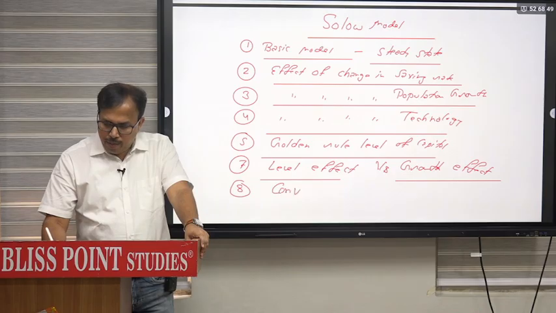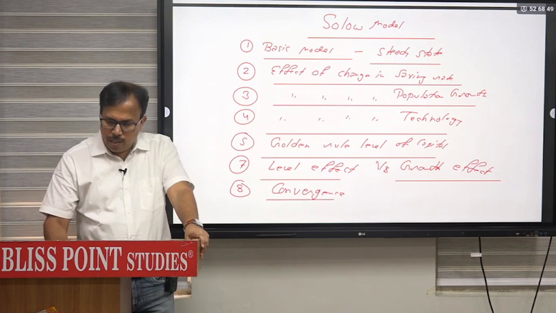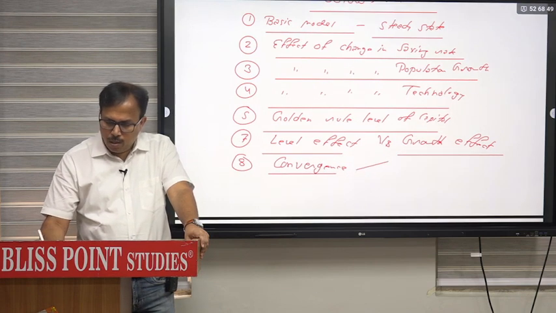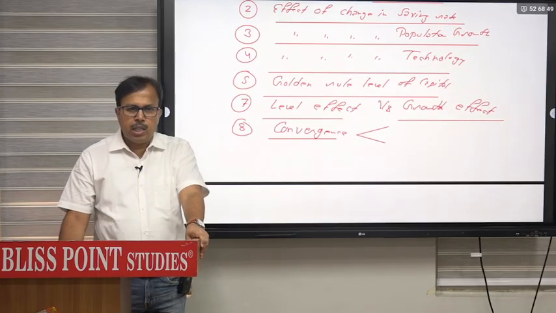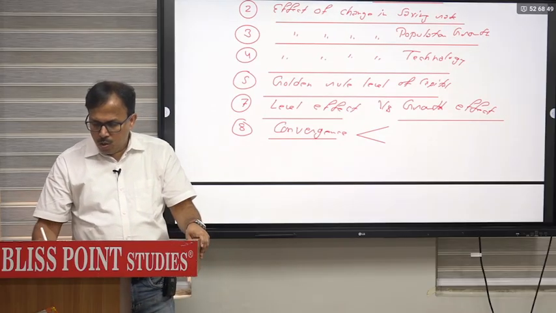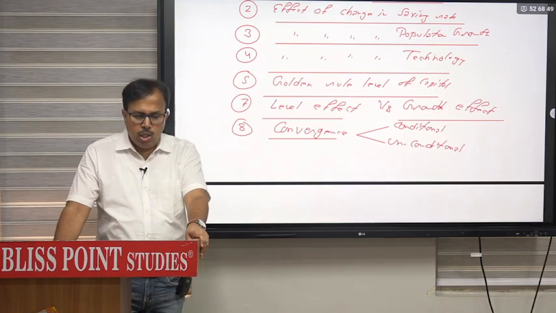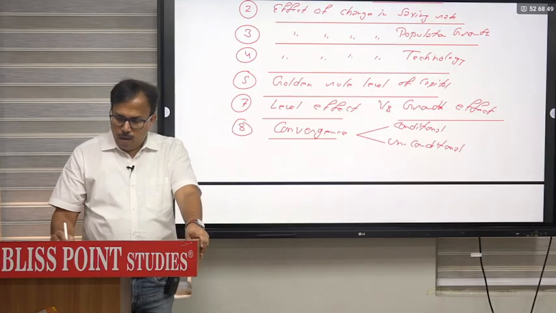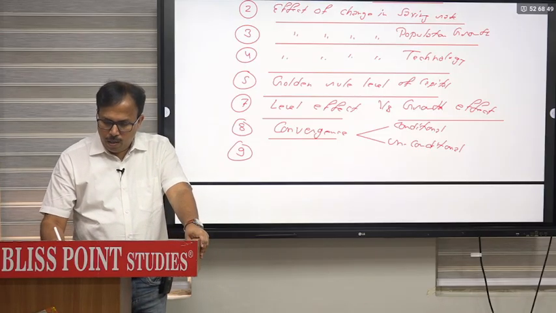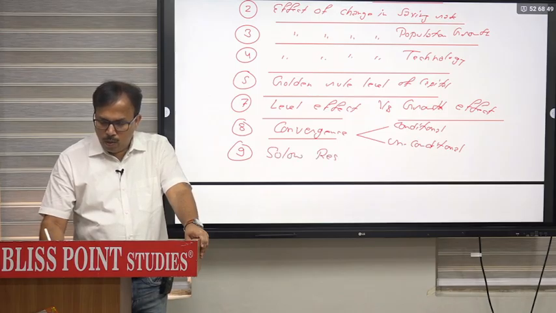Then the idea of convergence. Within that there are two parts: conditional convergence and unconditional convergence. So what is conditional convergence and what is unconditional convergence? And in 2017 the question was on the Solow residual.